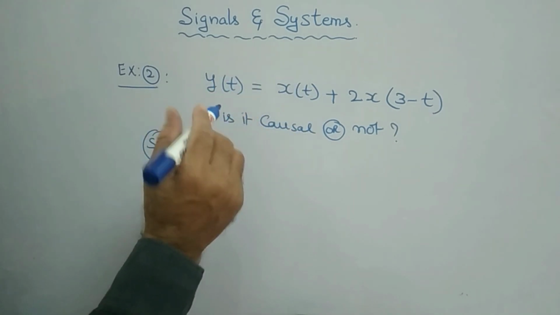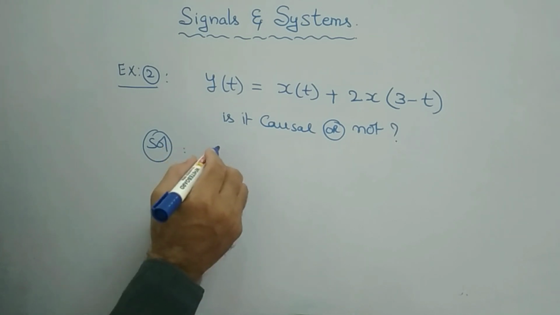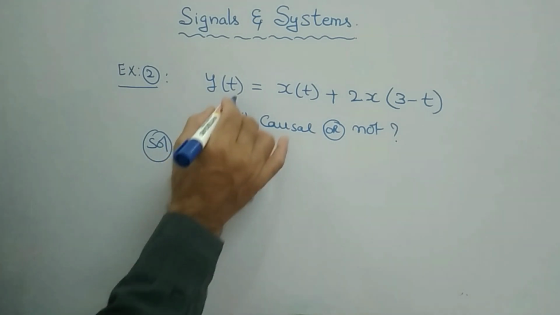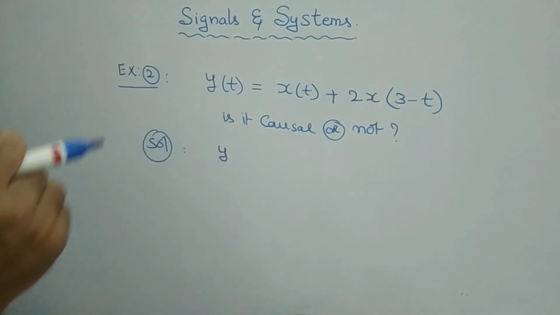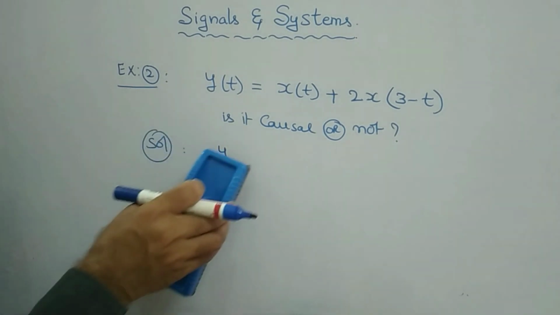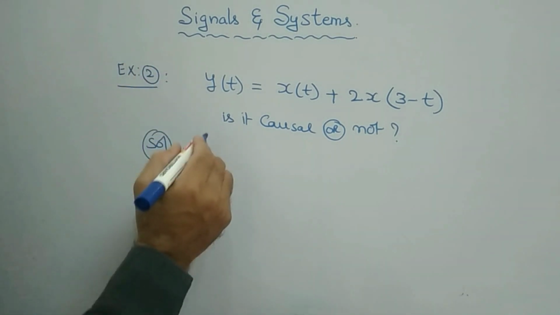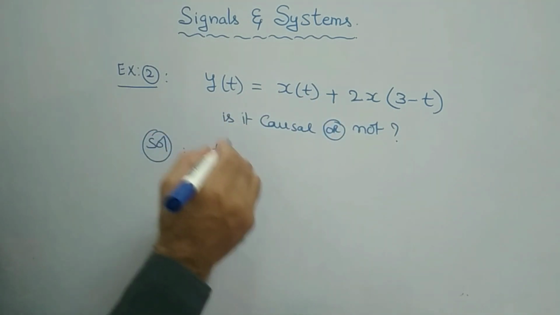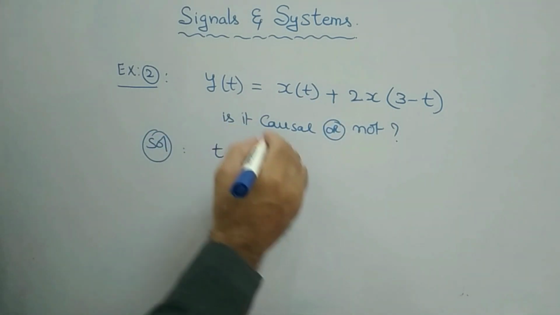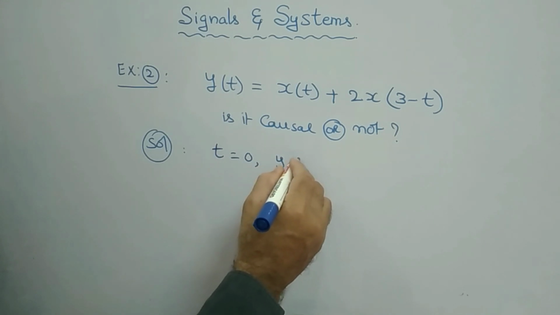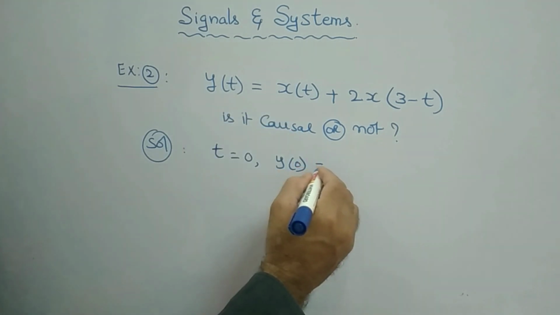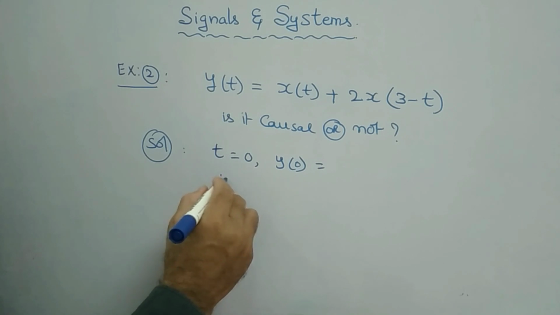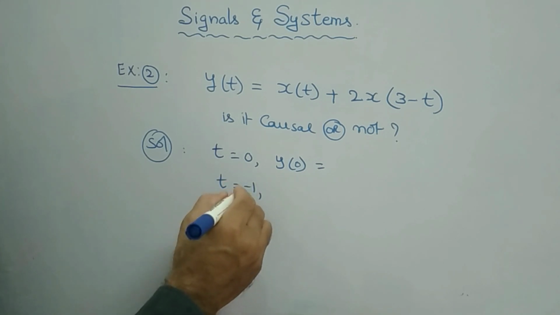Present is nothing but you substitute at t equal to 0. So you substitute different values of t. You consider t equal to 0 first. Sometimes you can check causality like this also. For t equal to 0, what will be your output? So y of 0 is equal to what? Similarly, substitute t equal to say minus 1. This is a past value.